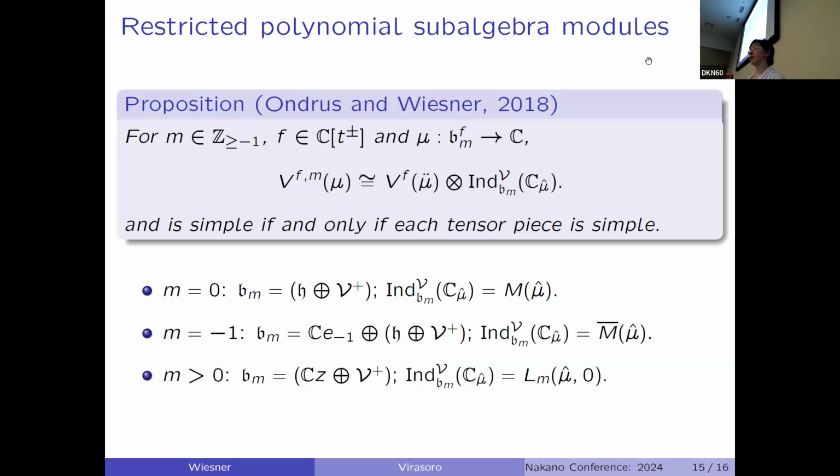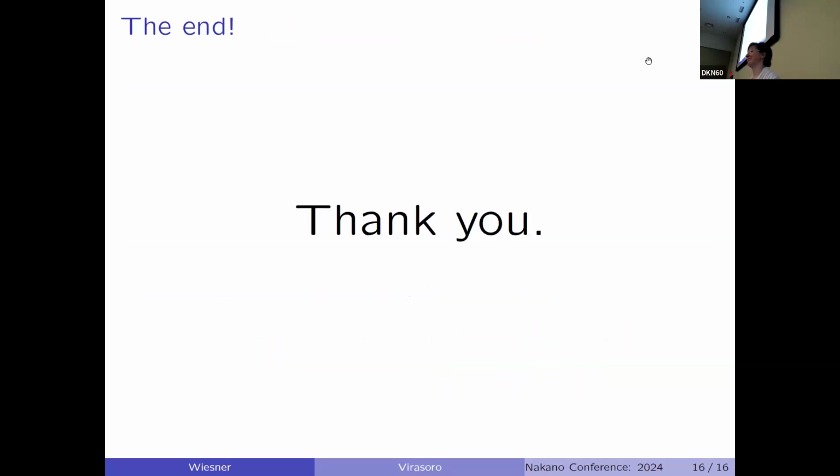So m equals 1 is where you get the Whittaker modules that I more formally defined. And then when m is greater than 1, you get the generalizations that Mazurchuk and Chow came up with. Okay, so we can use those earlier descriptions. They show up here in a nice way for these new restricted polynomial subalgebra models. All right, thank you.